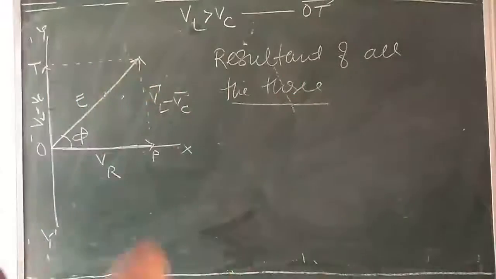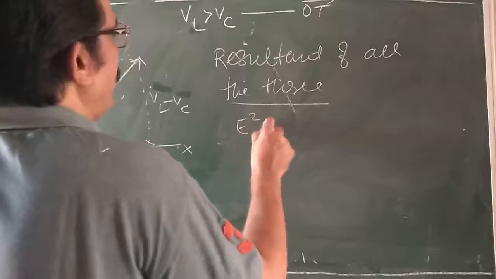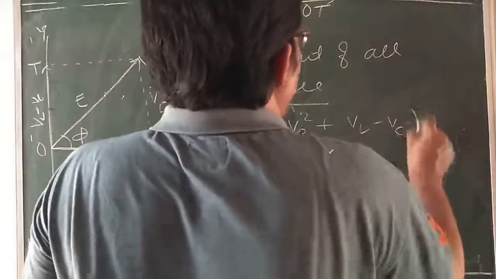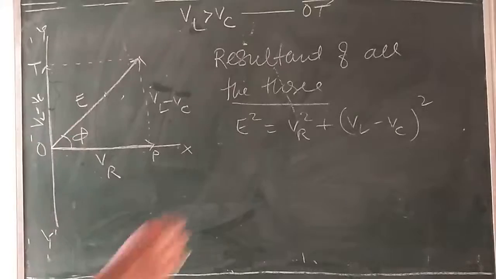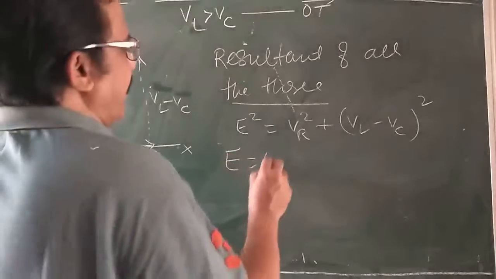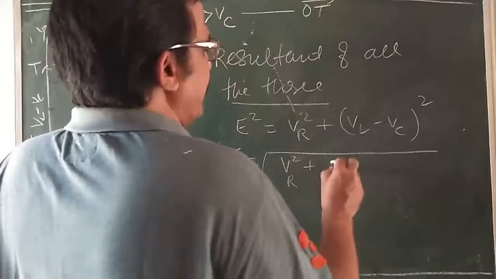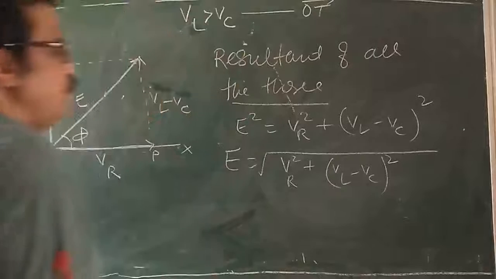Apply Pythagoras theorem here. So I can write E square is equal to VR square plus (VL minus VC) whole square. If I take the square root, E is equal to the square root of VR square plus (VL minus VC) whole square.